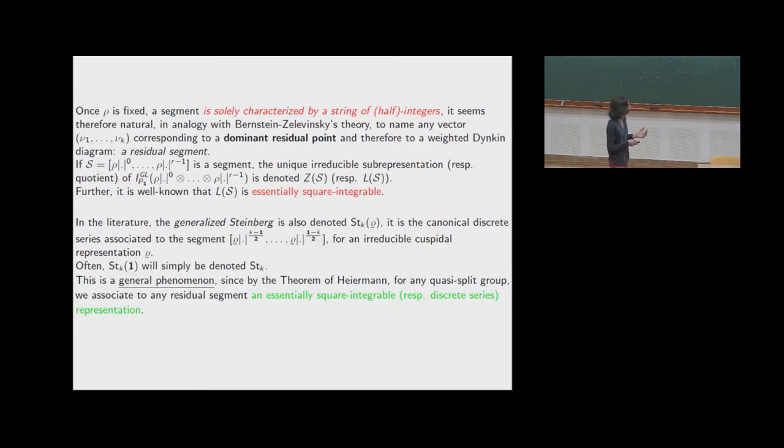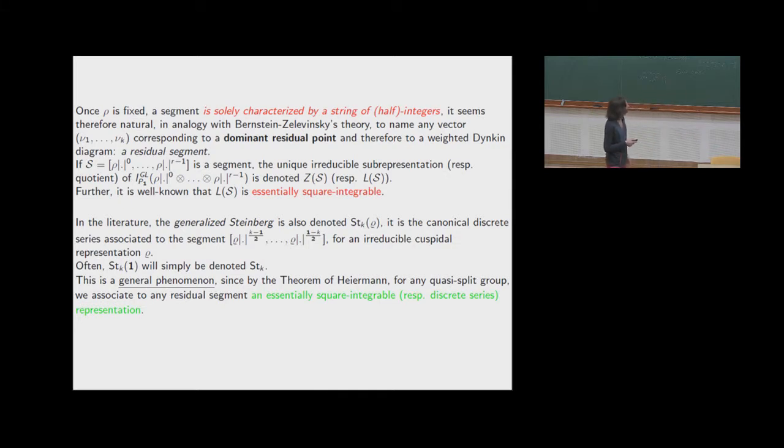They correspond, as I said, like each dominant residual point, which is written as a residual segment, gives you, by the theorem of Heiermann and Heiermann-Opdam, a generic discrete series as a subquotient.